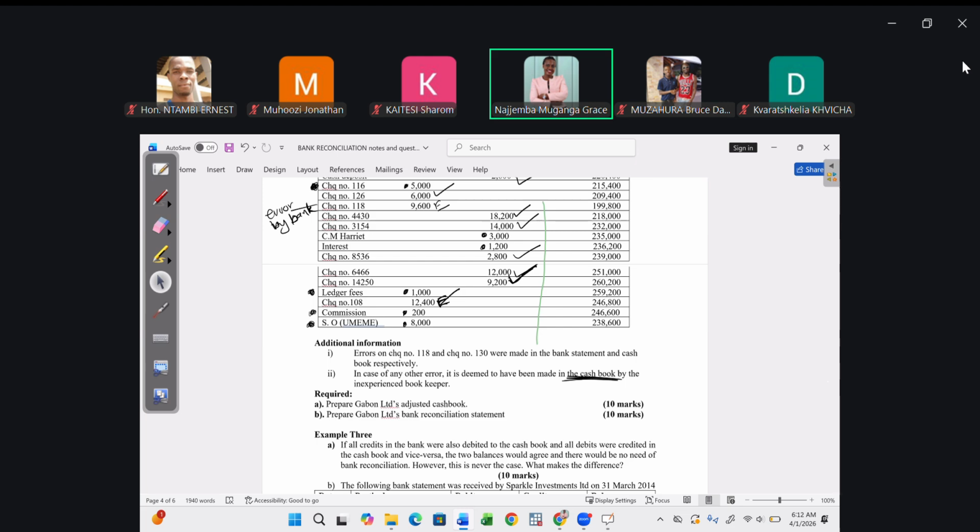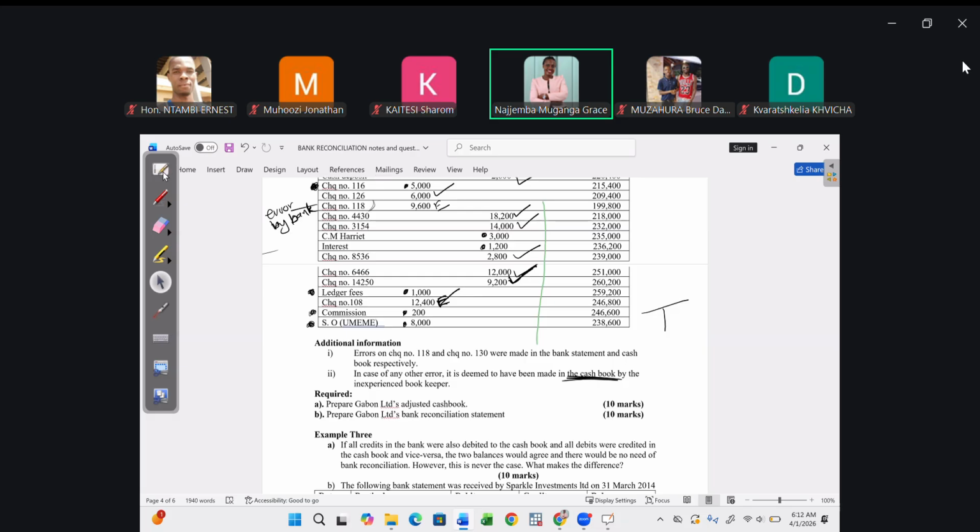Why is this statement very important? Because you're able to know who posted the right amount so that you make the correction. So all other errors, we shall assume they were made in the cash book, and the figure to compare with the right one is the figure in the bank, except for this error that was committed by the bank.